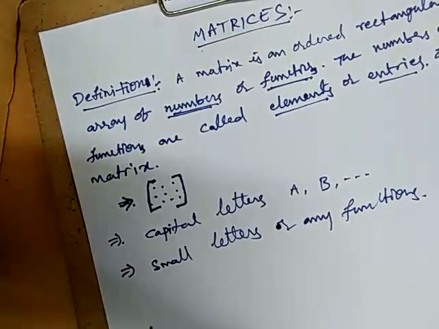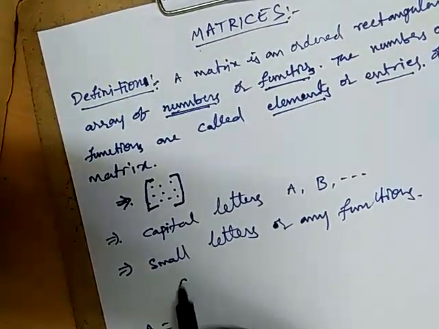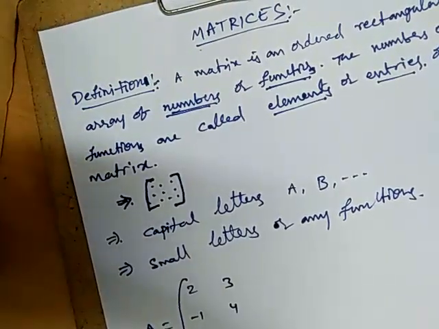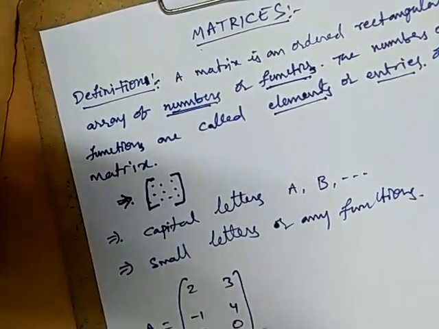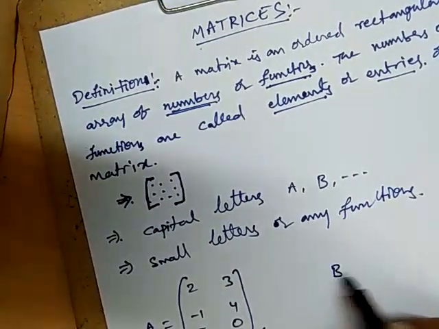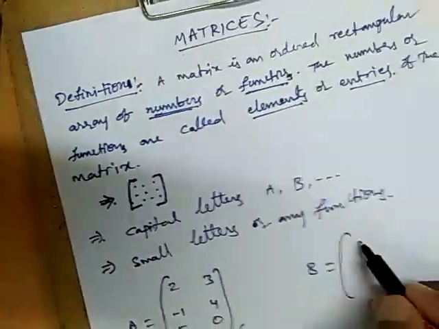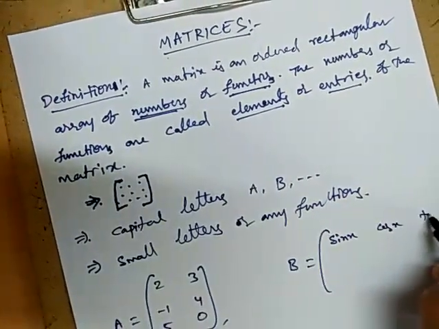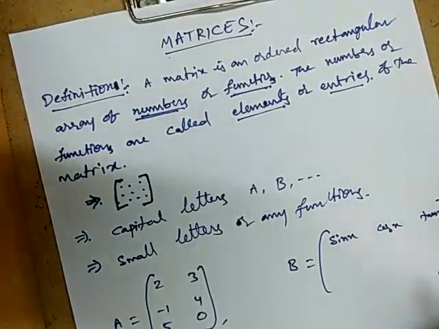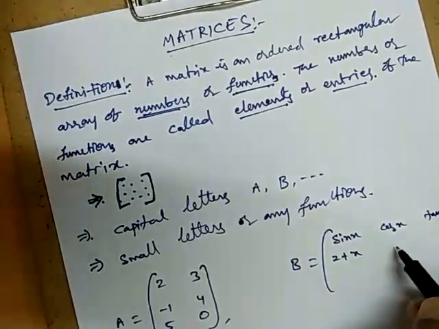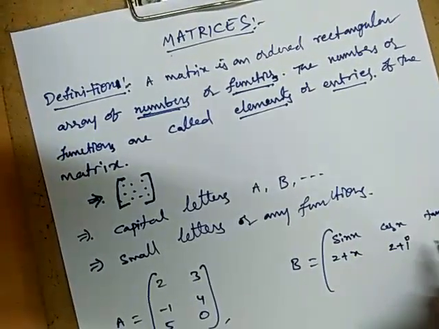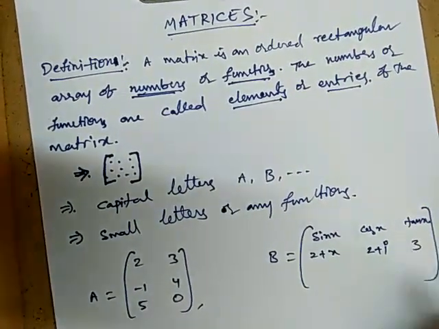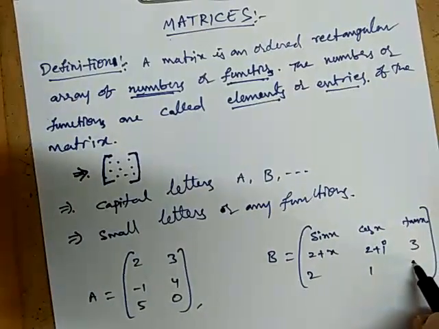Suppose I am taking one example of a matrix: 2, 3, -1, 4, 5, 0. Suppose B matrix is sin x, cos x, tan x, 2 plus i (where i means a complex number), 3, 2, 1, sum 3.